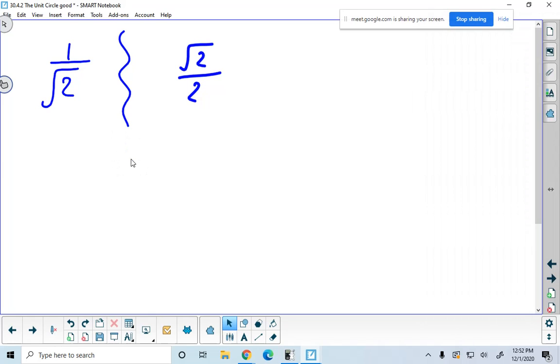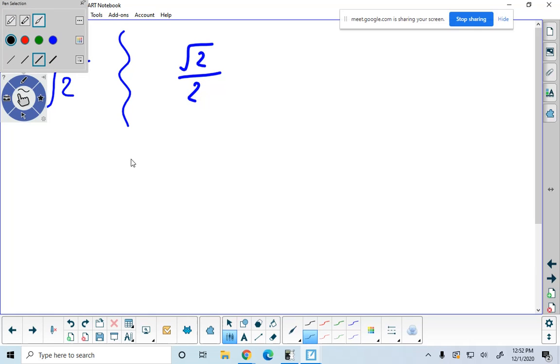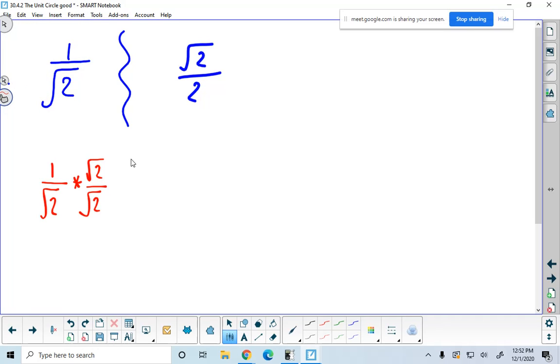If you want to know why, this goes back to math 20 and 10. When you have a radical in the denominator, we typically do not like it that way, so we rationalize it. We multiply the top and the bottom by √2. And when I multiply across the top here, 1 times √2 is √2, and across the bottom, √2 times √2 is just 2.